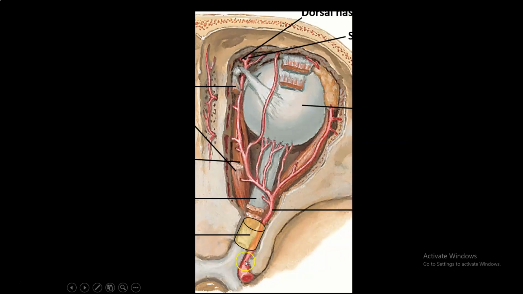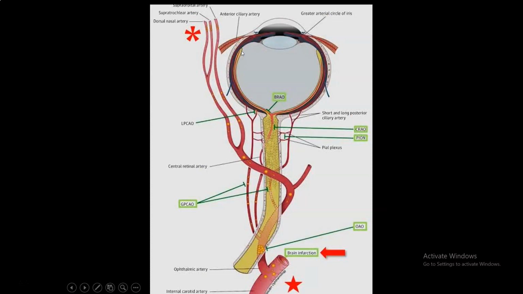Here is the view of the ophthalmic artery, the first branch from the carotid as it passes intracranially, passes anteriorly under the optic nerve in the optic canal, then it is lateral and crosses from lateral to medial above the optic nerve, then it ends in the supratrochlear and supraorbital arteries. And a very important branch here, behind the globe medially, is the central retinal artery.